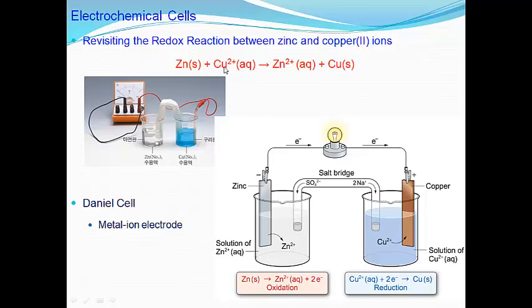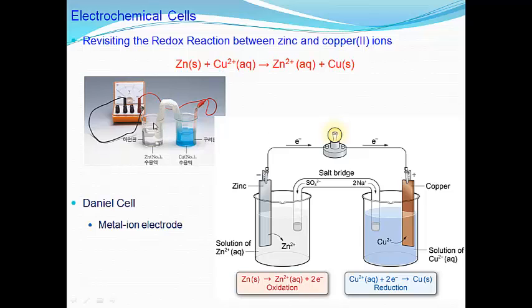Now instead of dipping the magnesium, or in this case the zinc, directly into the copper sulfate, and having oxidation and reduction taking place in the same flask, what we can do is separate them. We have oxidation taking place in one flask, and we can have reduction taking place in another flask.